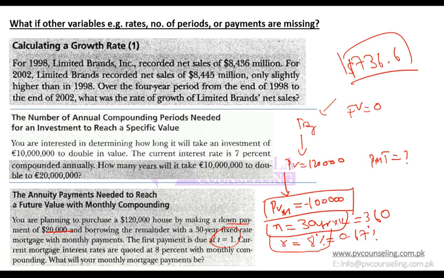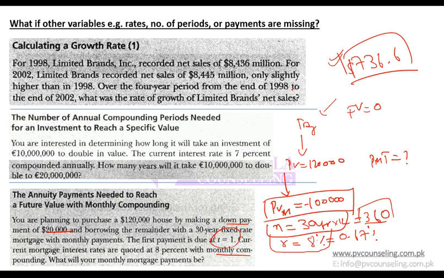This is a monthly compounded rate. Compounding is being done monthly, so the number of periods are taken in terms of months. So the number of periods and rates should align. Whatever the number of periods are, that should be the rate. So 8 divided by 12, which is 0.67. You plug this in and you find your answer for payment, and that is 736.6.